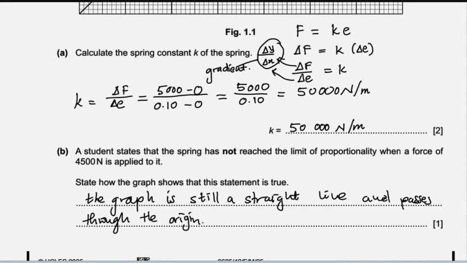If the graph wasn't passing through the origin, we'd be having issues there. And if the graph was no longer a straight line, then it was not going to satisfy Hooke's law.